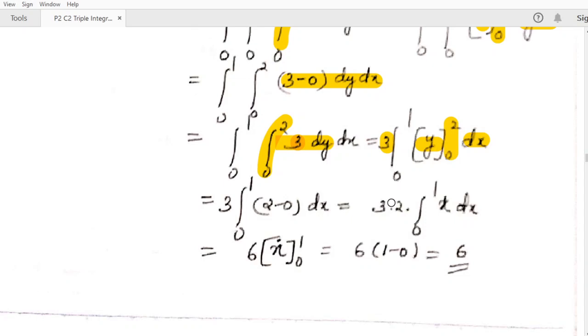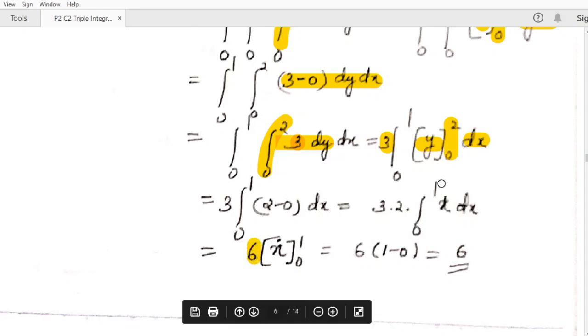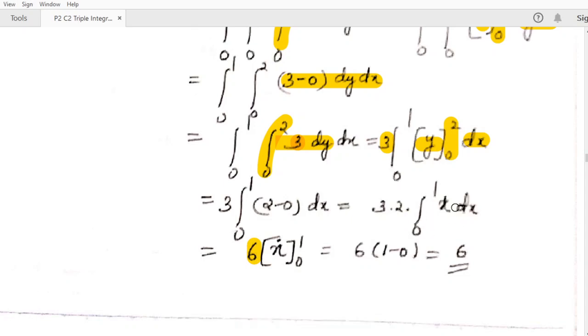This is equal to 3 into 2 integral 0 to 1 dx. So in the next step, this is equal to 6 into integral 0 to 1 dx. Next we will be integrating this with respect to x.